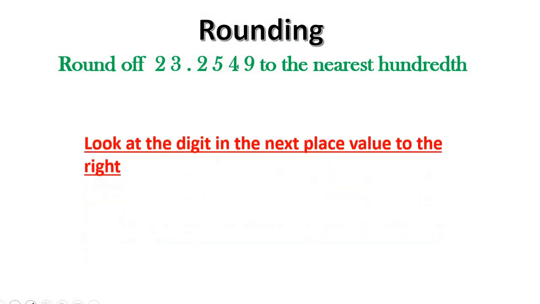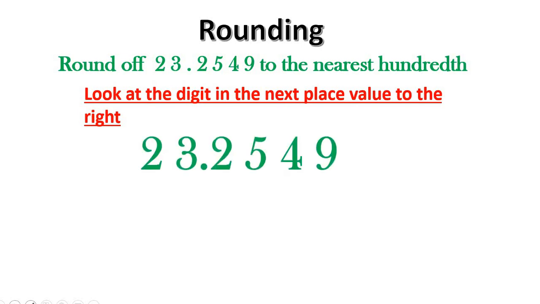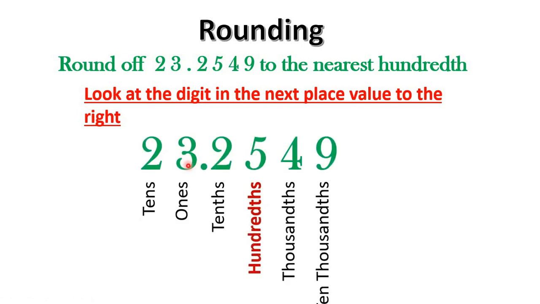Next, once I have decided where I'm rounding off, I need to look at that next digit to the right. So I'm rounding off right here at the hundredths. 1 digit to the right of that 5 is the 4. Okay? So now I've taken care of my 2 steps. Now I'm right here at my decision-making process.